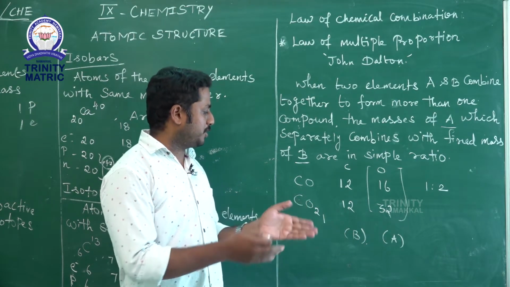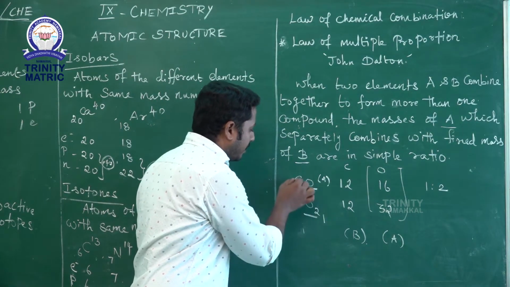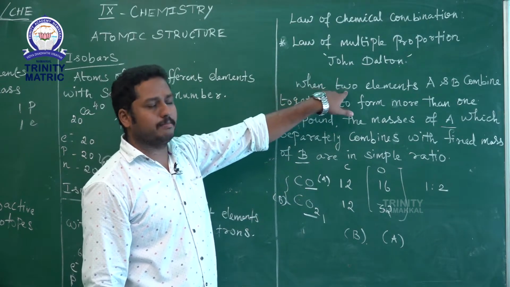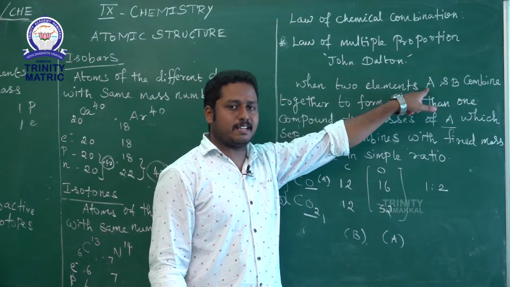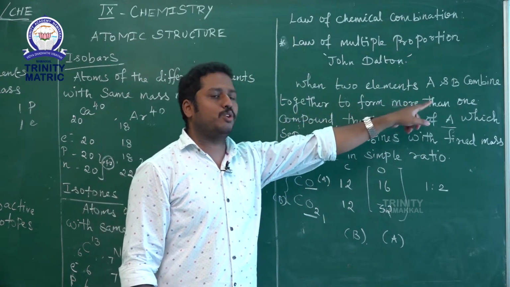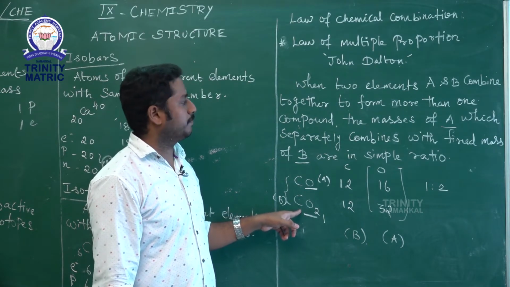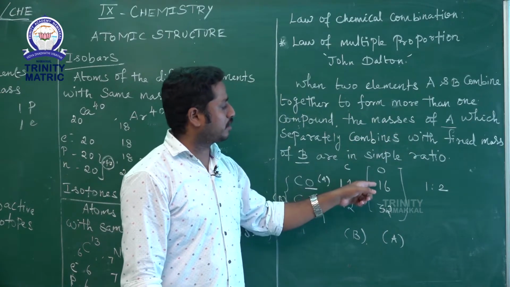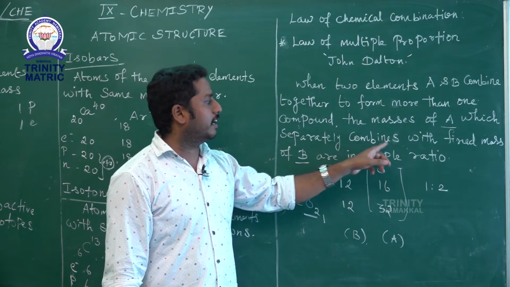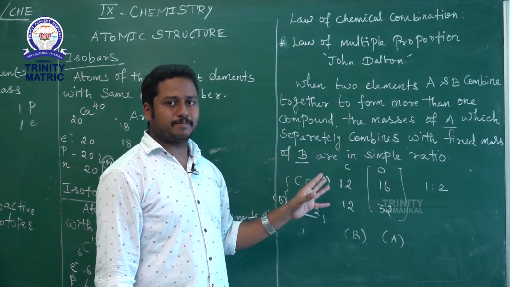12:32. So, now assume oxygen is considered to be A and the carbon is assumed to be B. When the two elements, here A is oxygen and B is carbon, combine together to form more than one compound, here carbon monoxide is one compound and carbon dioxide is another compound, the masses of A, meaning 16 and 32, which separately combine with the fixed mass of B, because here the carbon mass is fixed at 12.